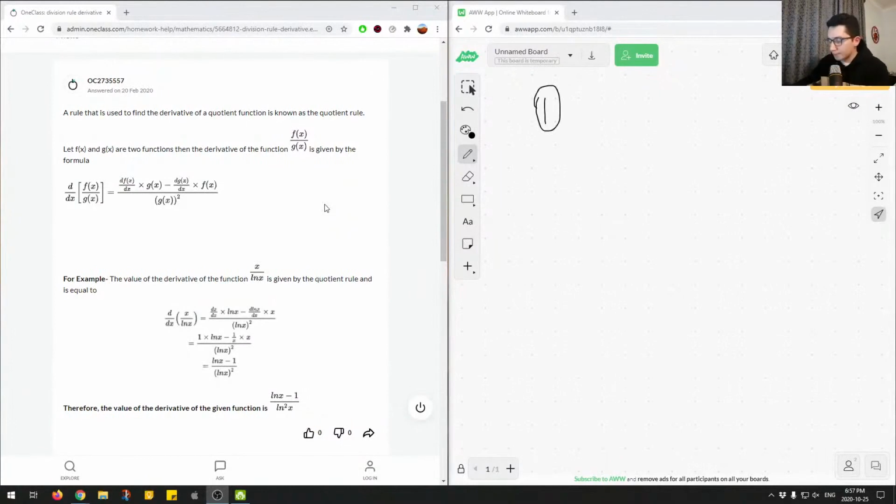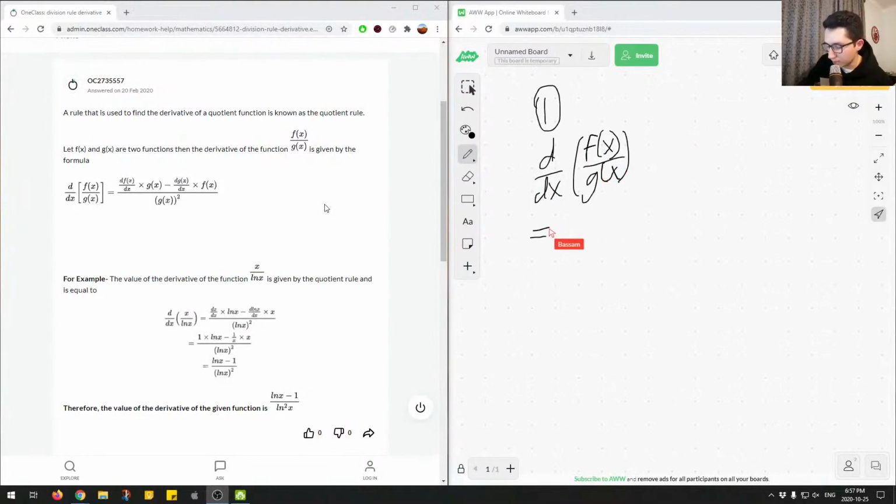So we're saying that the derivative of some function f at x divided by some function g at x equals the following.